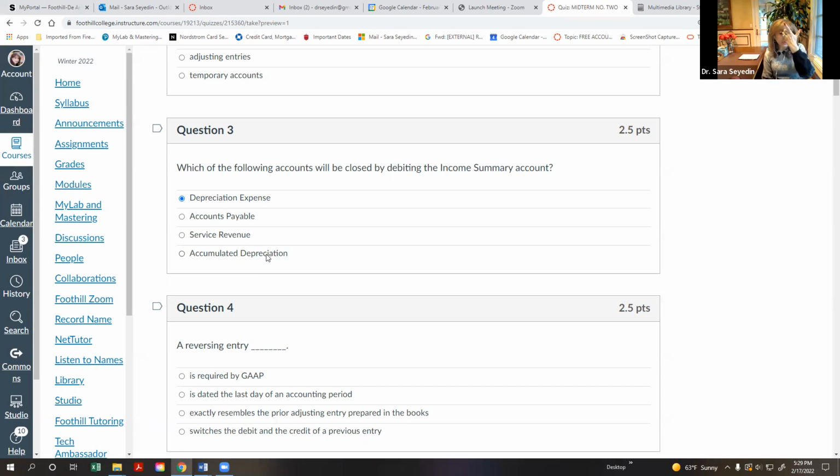Do you remember which account appears in the balance sheet that you close? Who wants to give me the answer? There's one account that appears in the balance sheet and you close it. Anyone? That's owner's drawing. Owner's drawing appears on the balance sheet and you close it. Okay. All right, so that's a conceptual question.